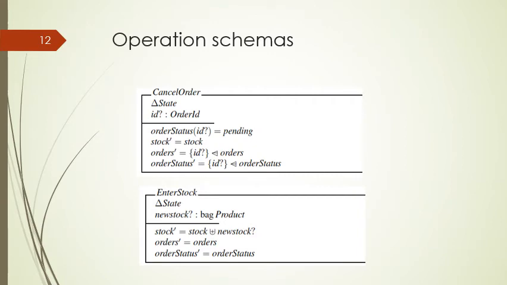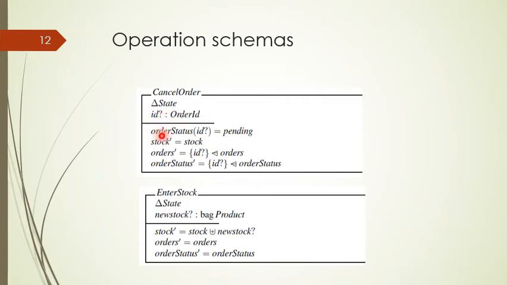Students, orders are identified through their ids. Therefore any operation about order has id as its input variable. Now we have an operation schema cancel order, which is used to cancel an order, and id is its input variable.